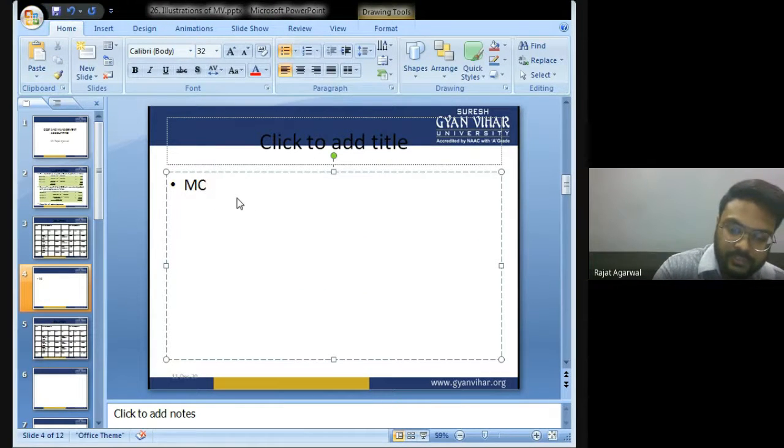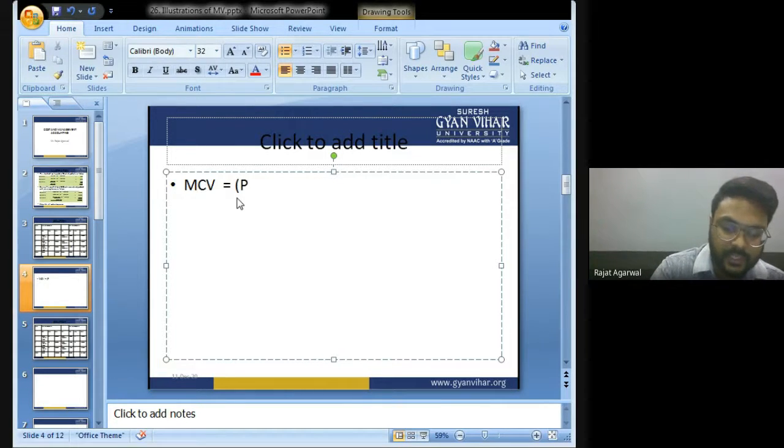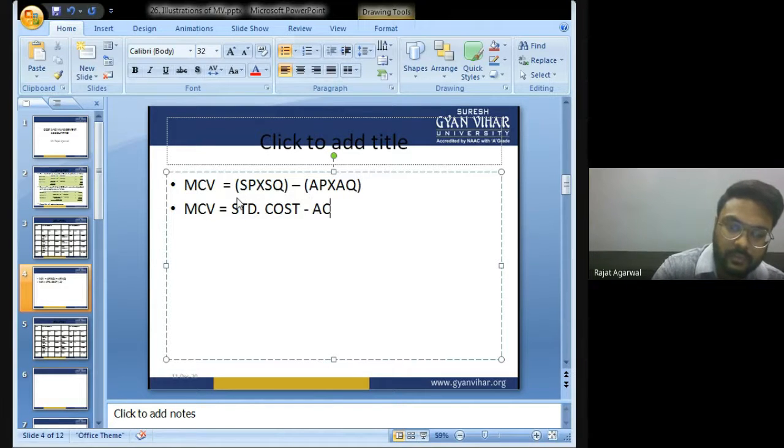Material cost variance. What is the formula of material cost variance? The formula of material cost variance is standard price into standard quantity minus actual price into actual quantity, or you can say standard cost minus actual cost.